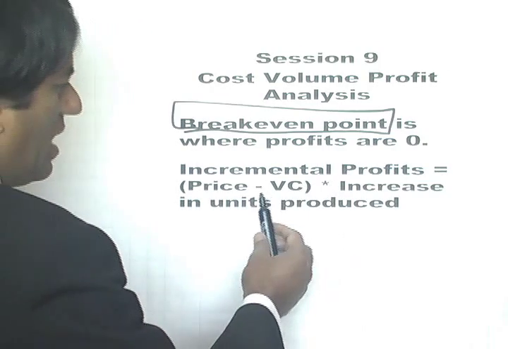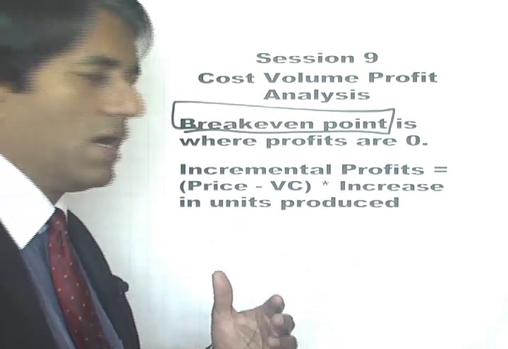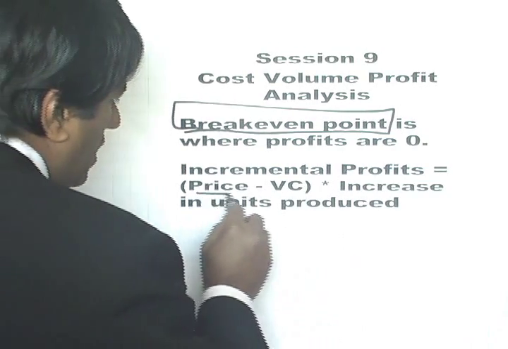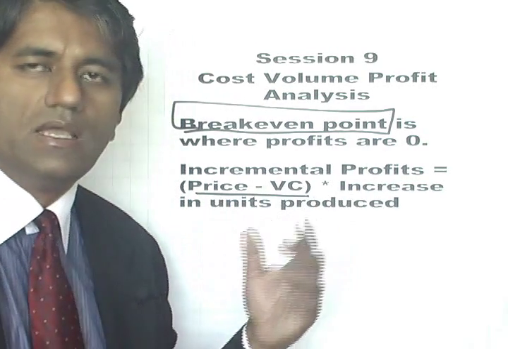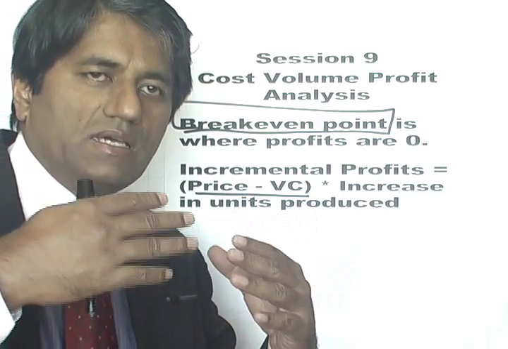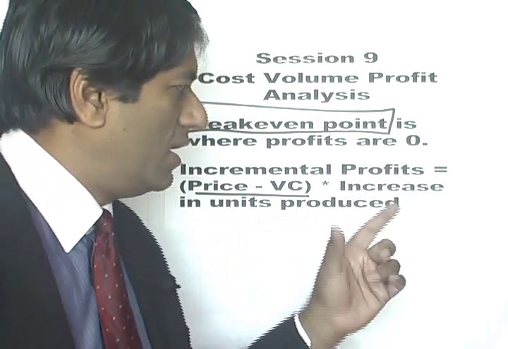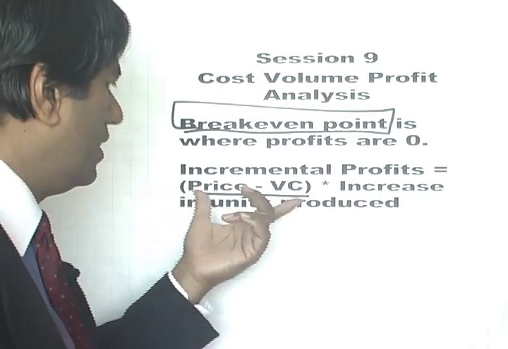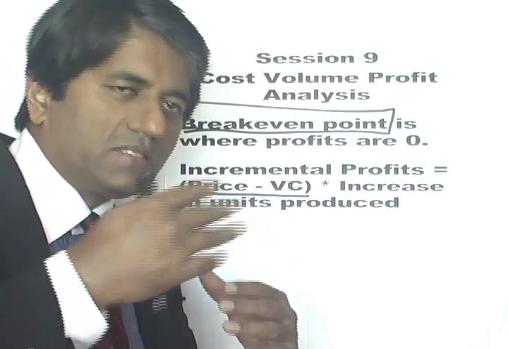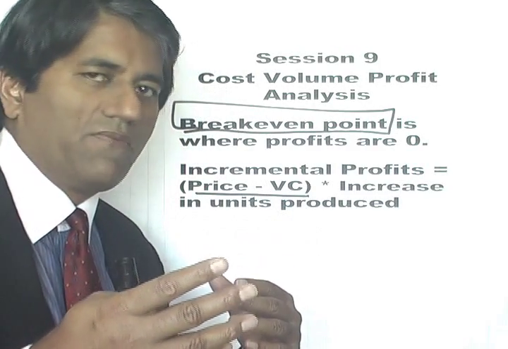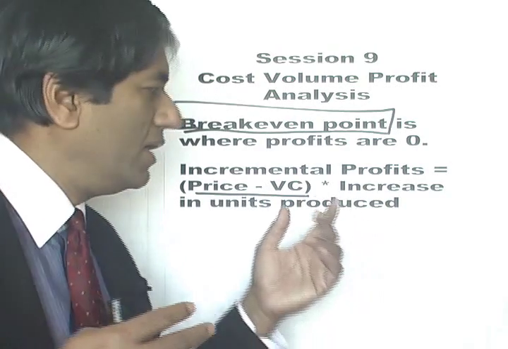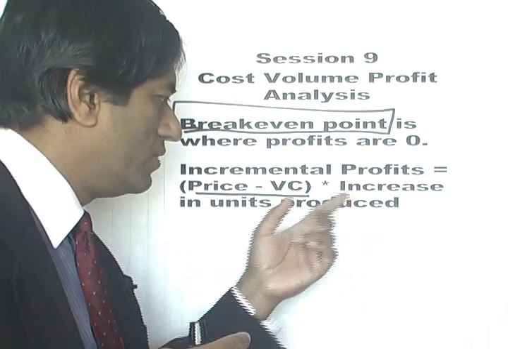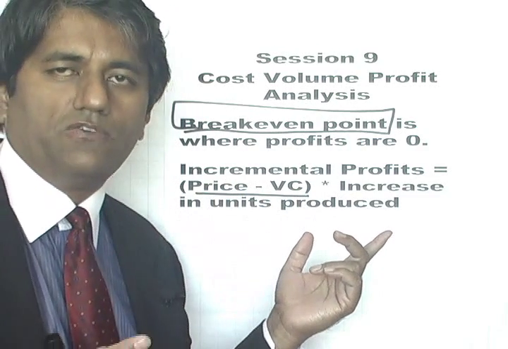Incremental profits are equal to the price minus variable cost, times the increase in number of units produced. So if a firm is increasing the amount of production, then the extra profit which that will produce, provided price and variable cost are the same, will be price minus variable cost times the increase in number of units produced.